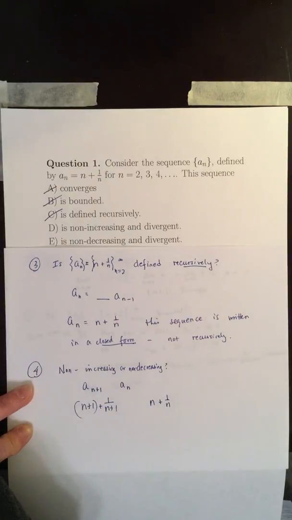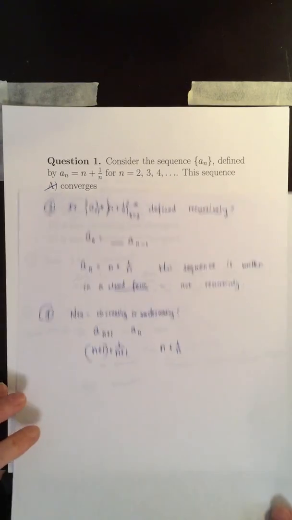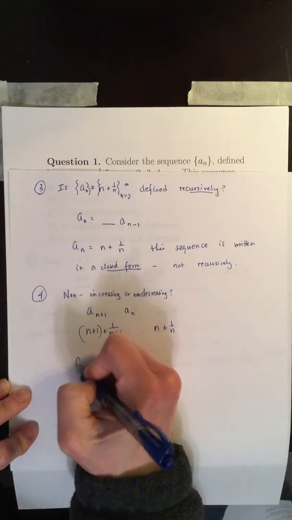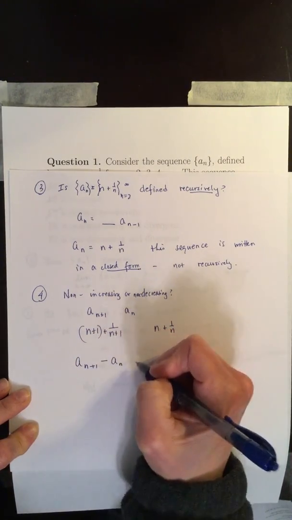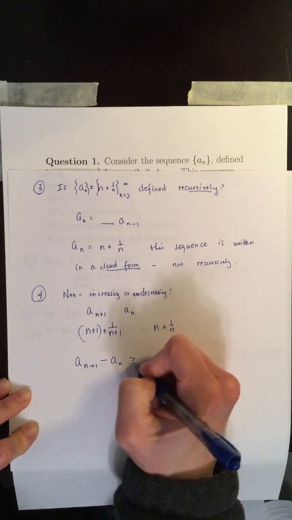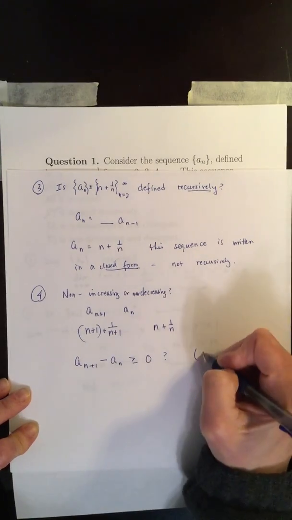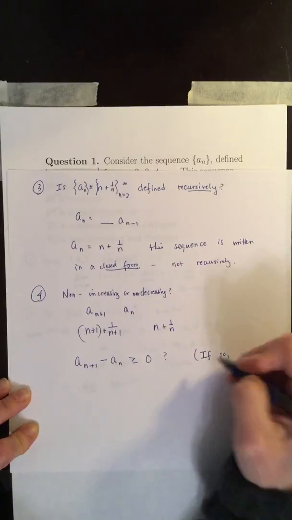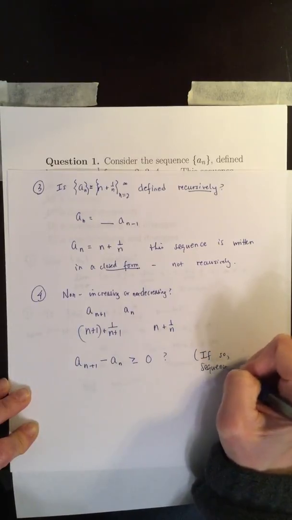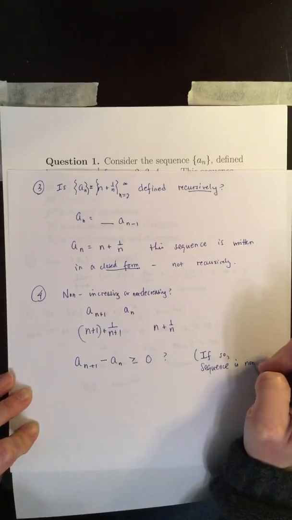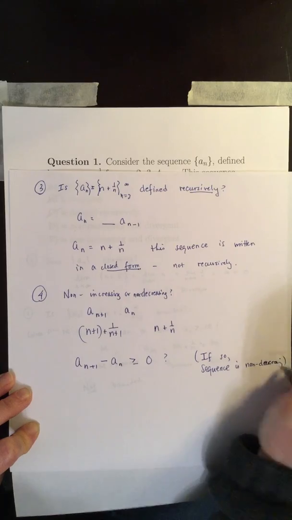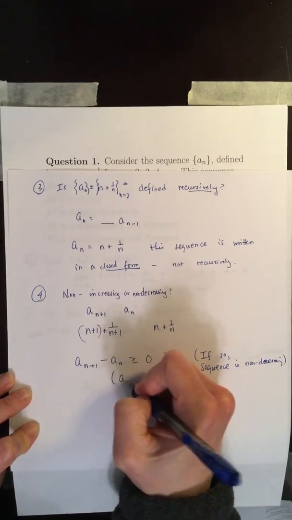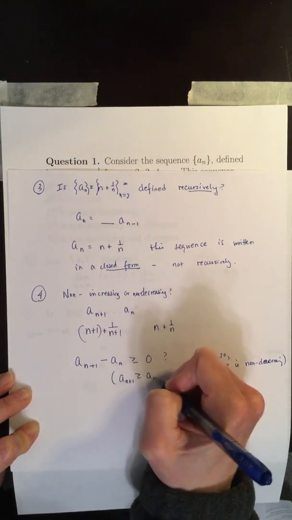Well, maybe it's not obvious. So one of the things that we can do is ask, is a sub n plus 1 minus a sub n bigger than or equal to 0? And if so, then our sequence is non-decreasing, because this would imply that a sub n plus 1 is bigger than or equal to a sub n.